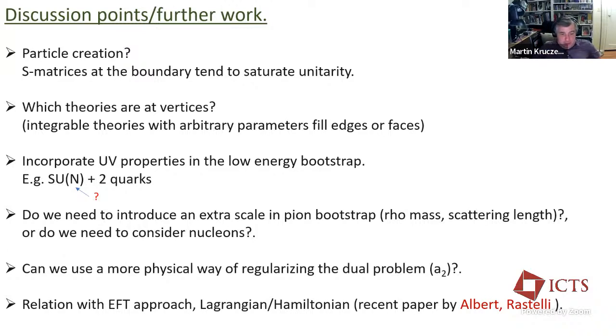And well, this is maybe a technicality about the A2, but then the last point is to make connection with this effective field theory approach. So the standard approach to low energy physics is to write the most general Lagrangian with all the symmetries, and then you have a set of coupling constants. The more coupling constants, the larger the energy you want to look at. And so with two coupling constants, let's say, you can already have some good description of low energy. This is like the Skyrme Lagrangian, for example. And that's the approach that Albert and Rastelli took in this recent paper.